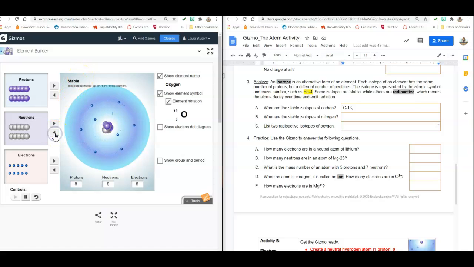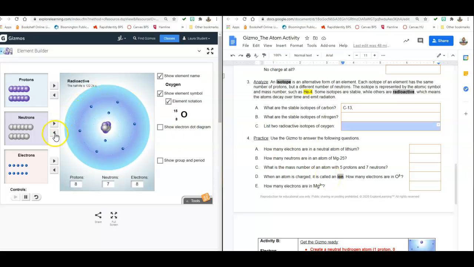If we take away a neutron, now we have oxygen 16, and it says that one is also stable. So let's take another neutron away. Oxygen 15 is radioactive, so that is a radioactive isotope that we can list in 3C.